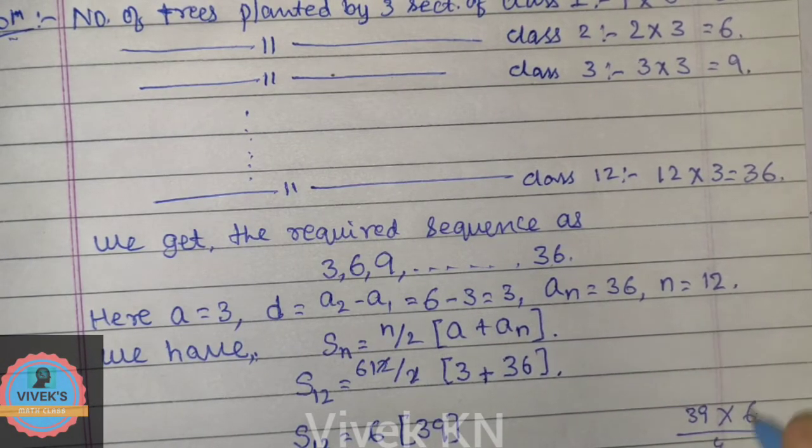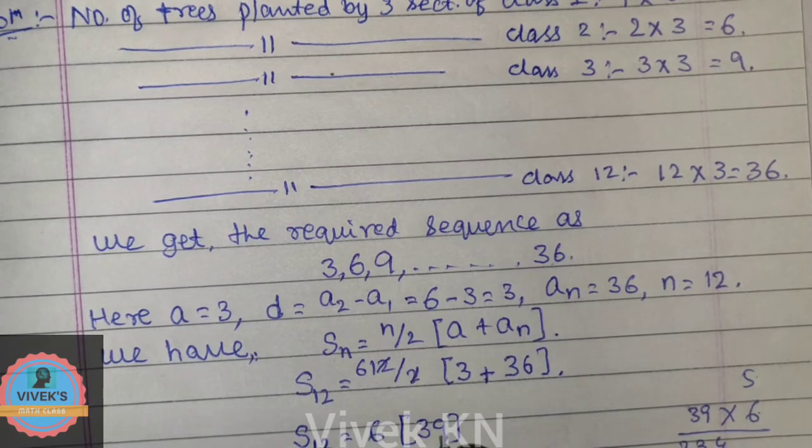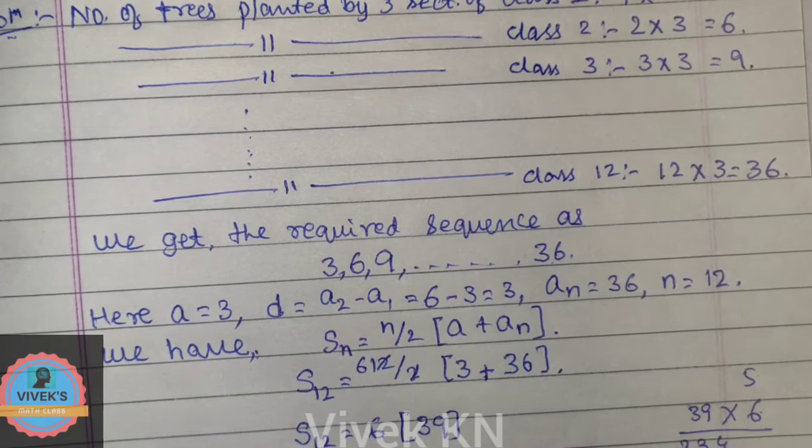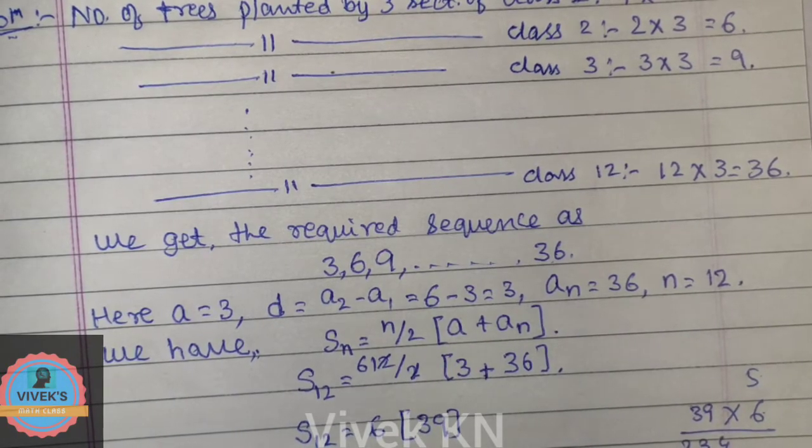6 9s are 54, 5 carry, 6 3s are 18 plus 5, 23. That is multiplying 39 and 6, we get 234 as the answer.